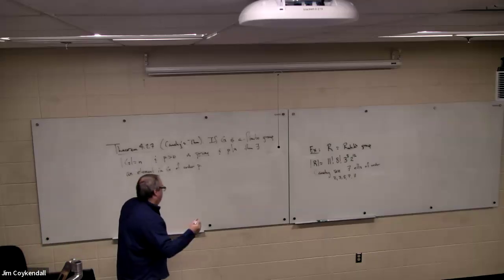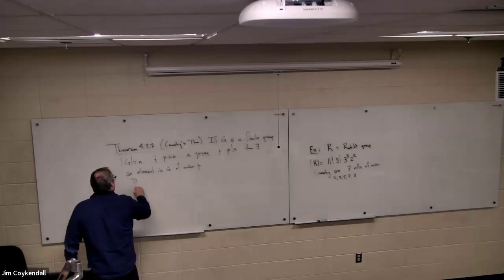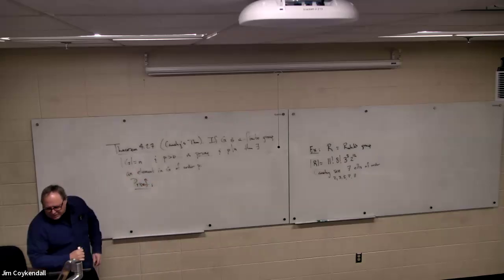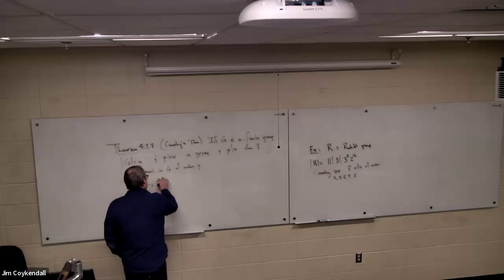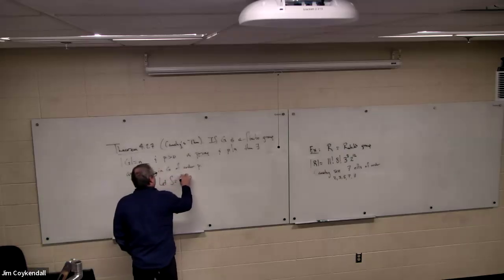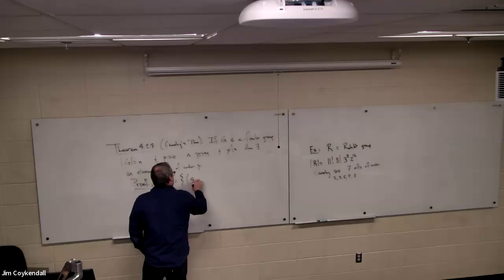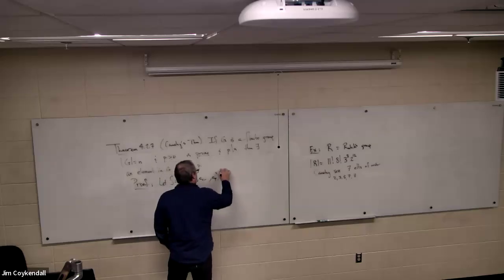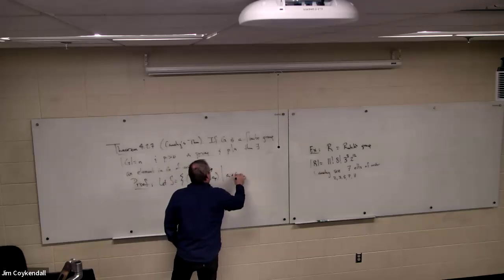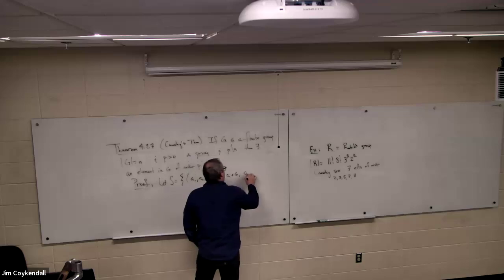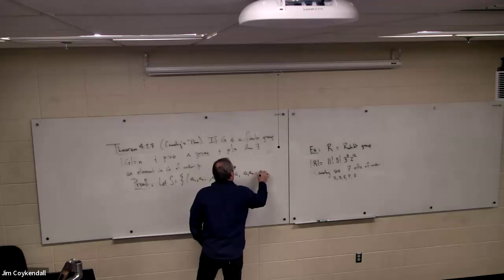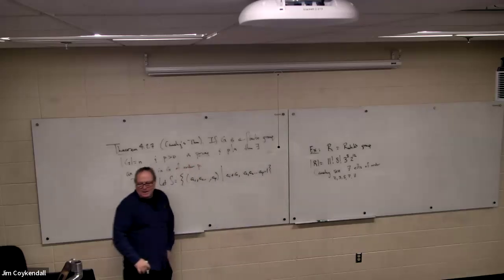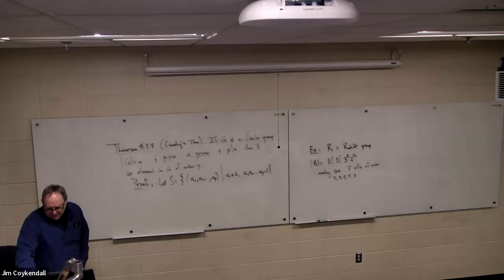Let's prove this. I'm going to start by considering the set S of tuples (a1, a2, ..., ap), where each ai is in G, and a1 a2 ... ap equals e, where here I'm denoting the identity of G as e.